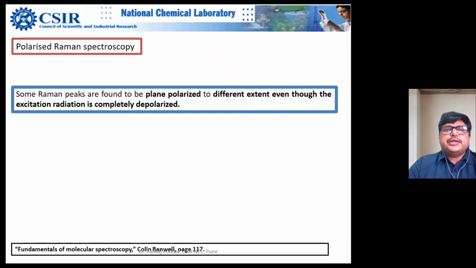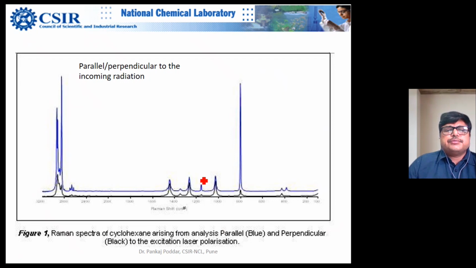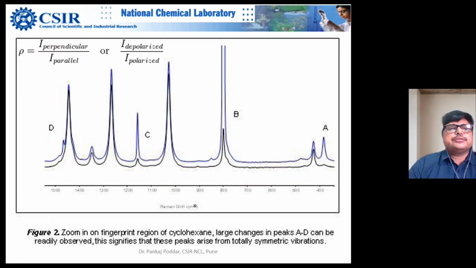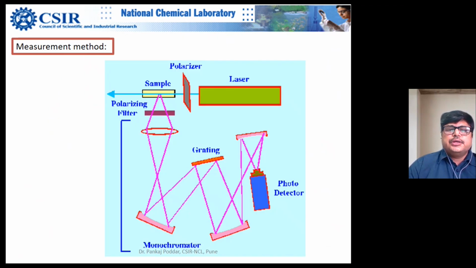Polarized Raman, I already spoke that you can split the signal because the laser is already linearly polarized. If you look at polarization details, parallel and perpendicular, you get a lot of information and you can compare the intensity. This is rho here. Cyclohexane is a very good example. This is the Raman spectrum for cyclohexane, parallel versus perpendicular. You can do this polarization Raman spectroscopy very easily using a conventional system.